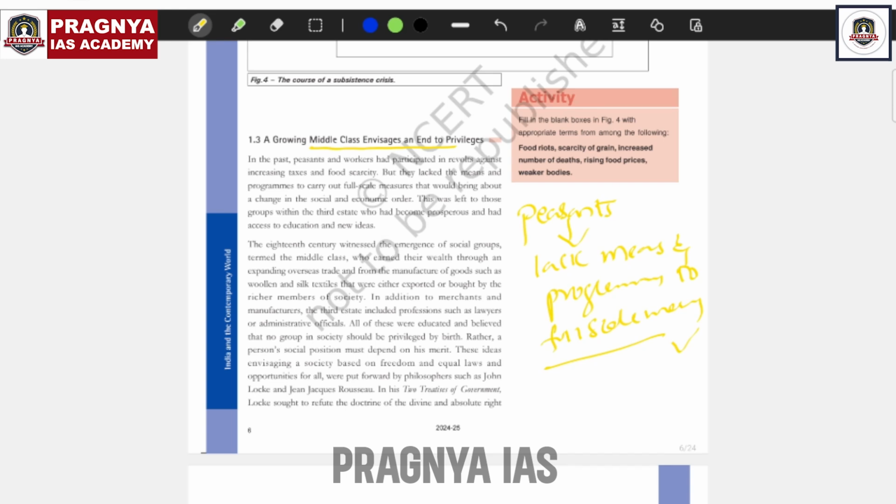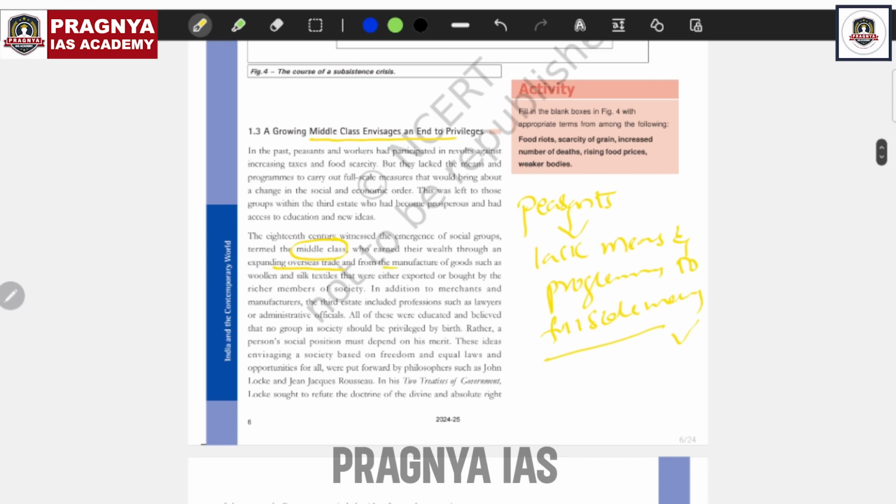The 18th century witnessed the emergence of social groups termed the middle class, who earned their wealth through expanding overseas trade and from the manufacture of goods such as woolen and silk textiles that were either produced or bought by rich members of the society.